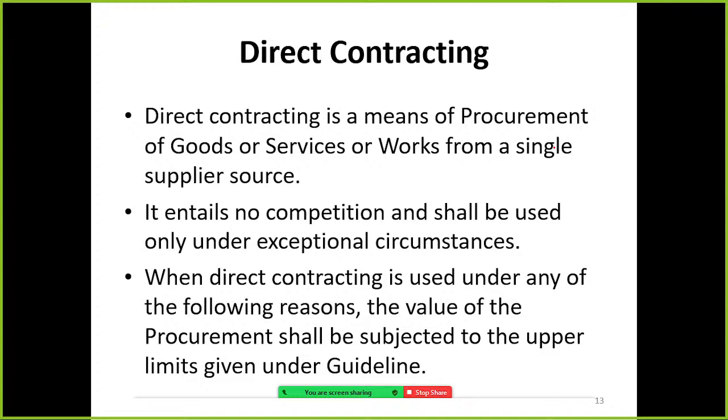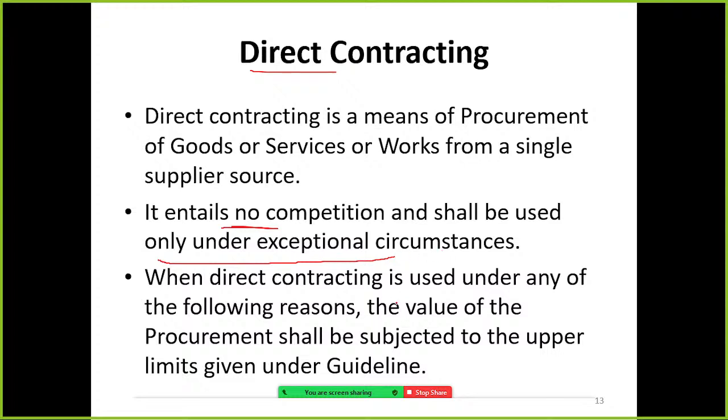Rather the PE, the public procuring entity, directly requests the supplier to do so. So it entails no competition, and shall be used only under exceptional circumstances. So this method is not preferred at all times.